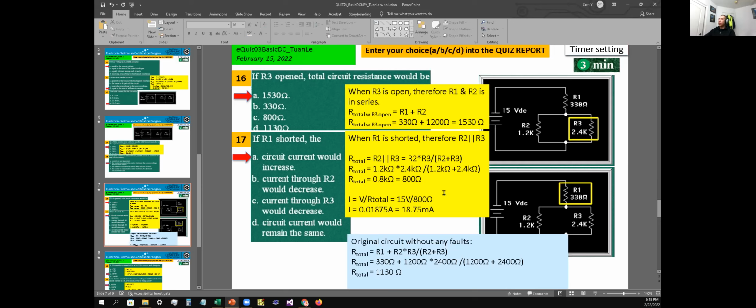Okay, so I did a calculation here. If you remove R1, you got R2 parallel with R3, that comes out to 800 ohms, and you do the calculation, that comes to 17.75 milliamps, okay? So therefore you got an increase in current.